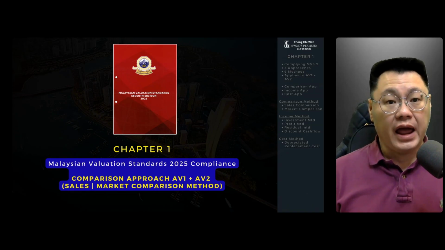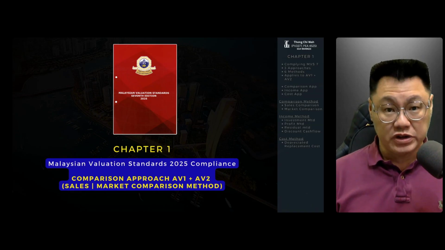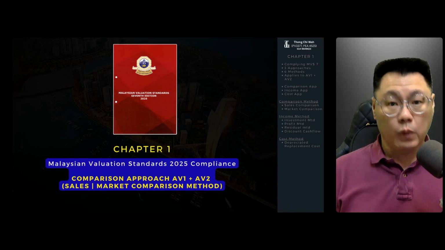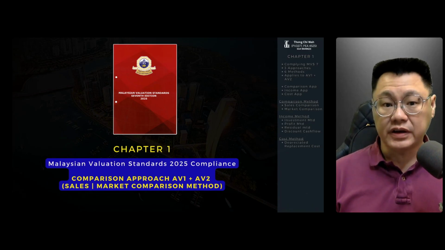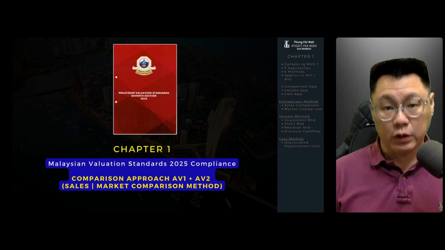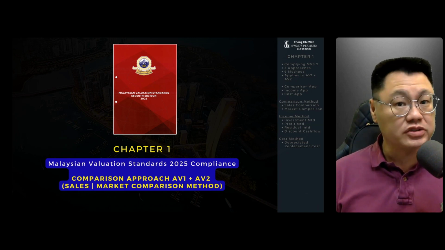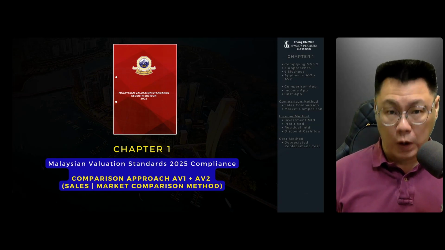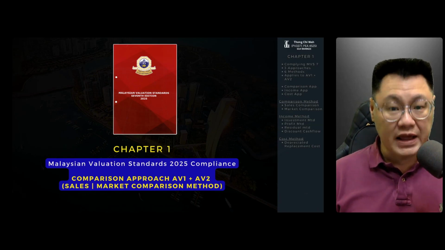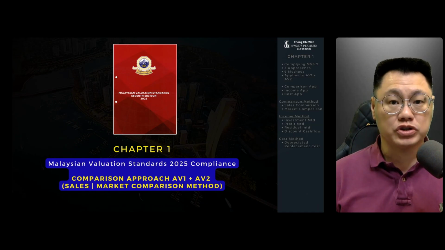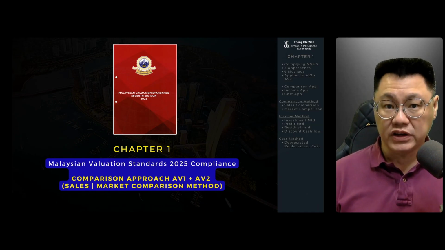In this particular MVS, or Malaysian Valuation Standard, we're going to study what standard number 7 says about valuation approaches. Chapter 1: Malaysian Valuation Standard 2025 compliance for the comparison method, or comparison approach, in AV1 plus AV2.